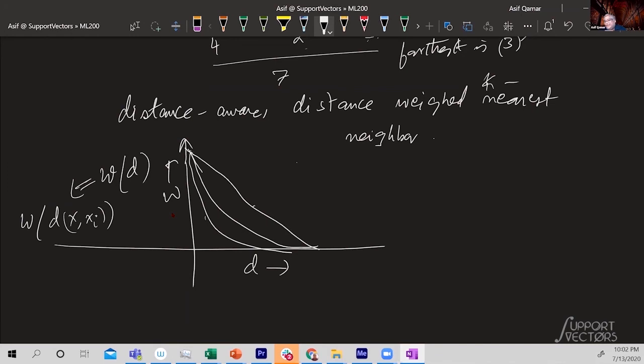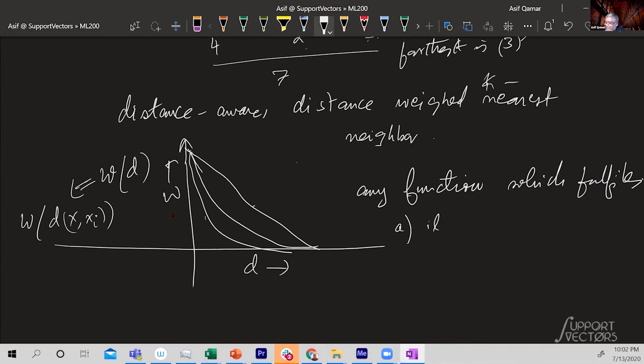You need any function which fulfills the criteria: it is monotonically decreasing with distance.